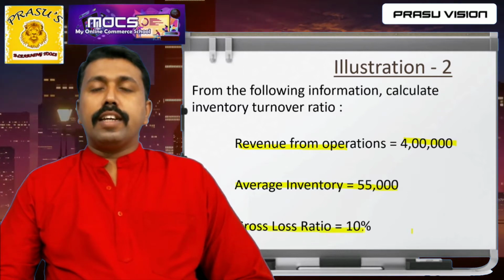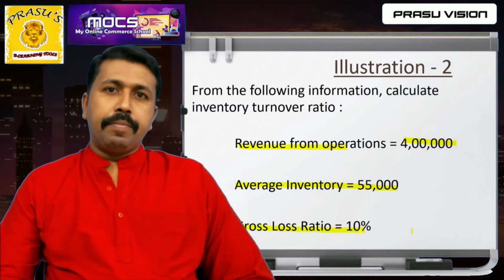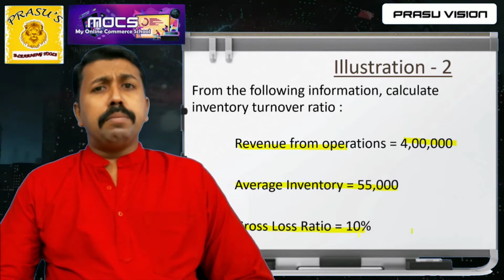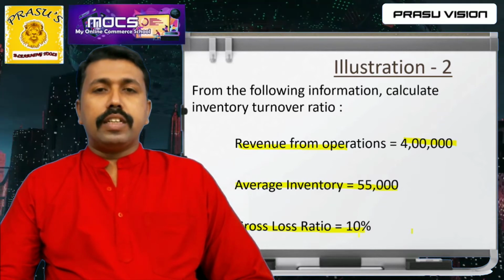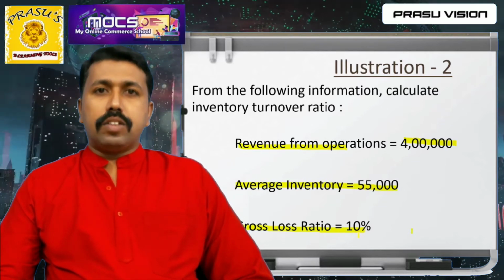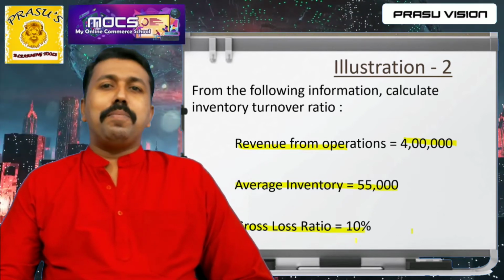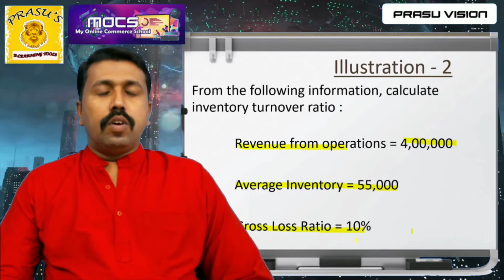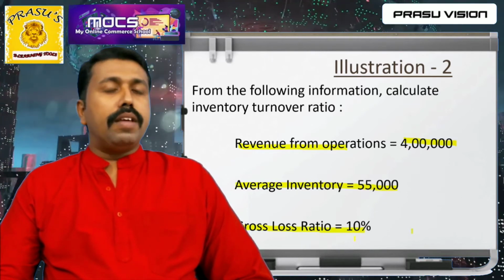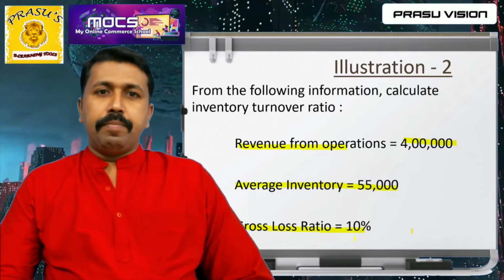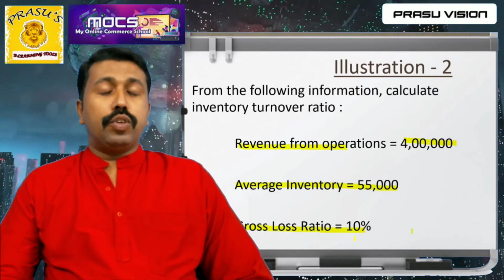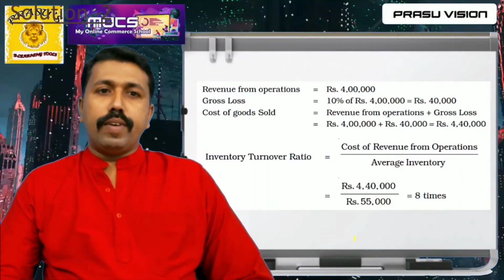Gross loss ratio is 10%. In previous ratio calculations, we learned the equation: cost of revenue from operation is equal to revenue from operation minus gross profit, or revenue from operation plus gross loss. From this information, you can use that equation to find out the value.